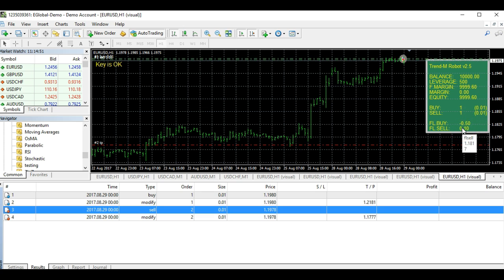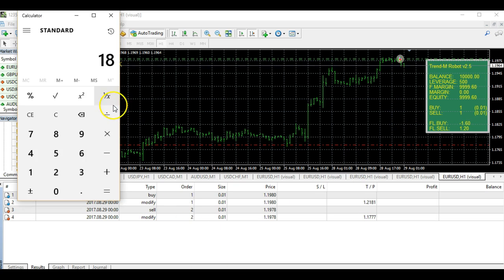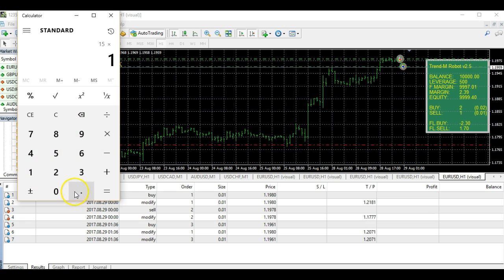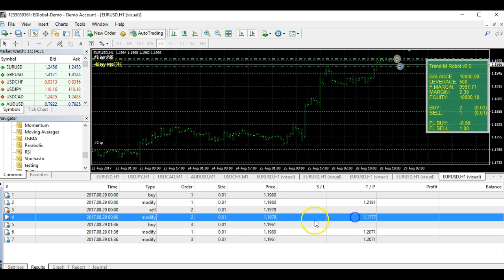The moment it drops, it triggers the next level. Remember that we set 1.3, so 15 multiplied by 1.3 is about 19. Try and see, this already triggered the second time.